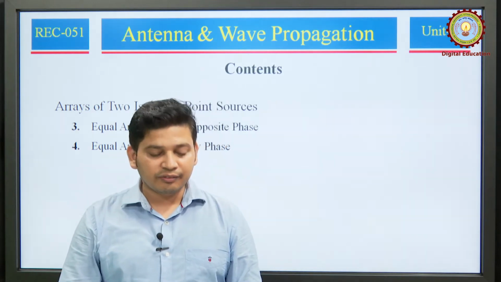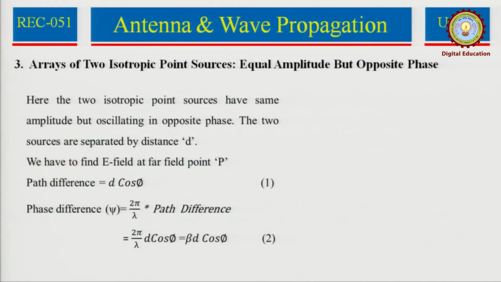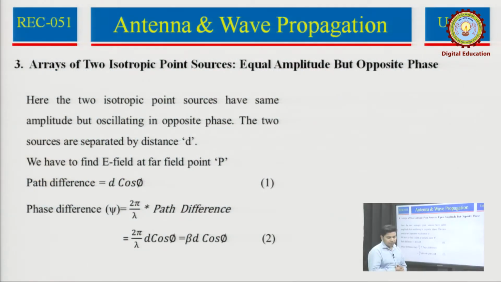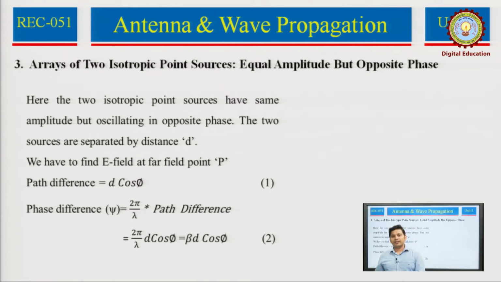So, starting with the first topic, array of two isotropic point sources of equal amplitude but opposite phases. If you recall from the previous knowledge, equal amplitude means the two sources radiating in the far field region have E 1 equal to E naught and E 2 equal to E naught, the amplitude, and same phase.